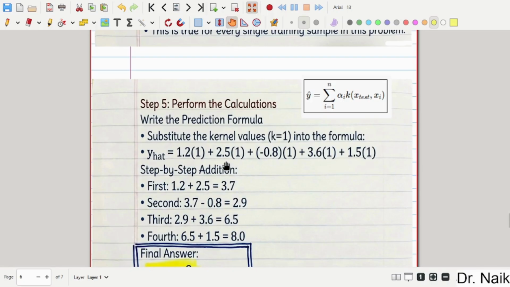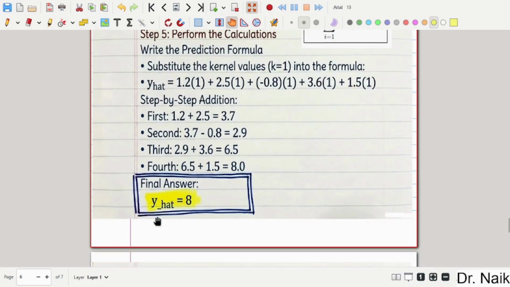These 1.2, 2.5, minus 0.8, 3.6 and 1.5 are the alphas given to us. So 1.2 plus 2.5 is 3.7, 3.7 plus minus 0.8 is 2.9, 2.9 plus 3.6 is 6.5, and 6.5 plus 1.5 is 8.0. So our y hat, that is the prediction, is 8.